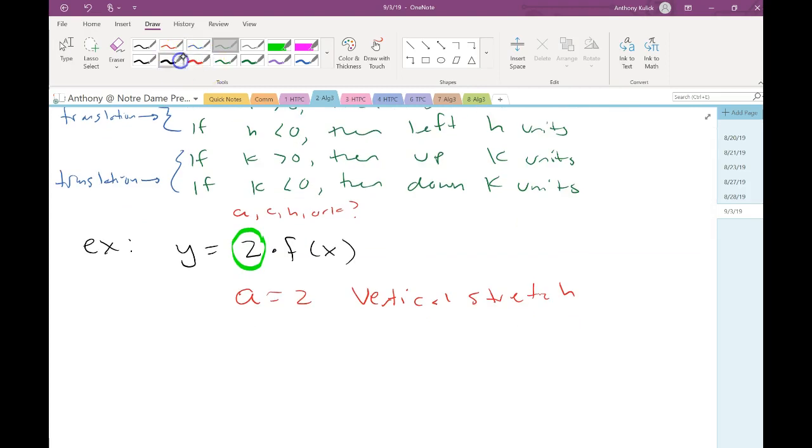Visually, if this green was my original triangle, my new triangle might look like this, where it's been stretched vertically.